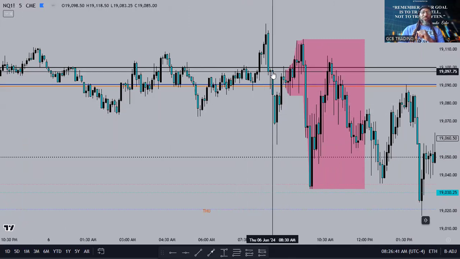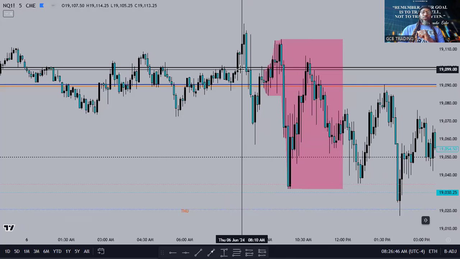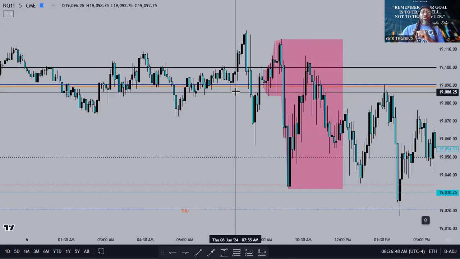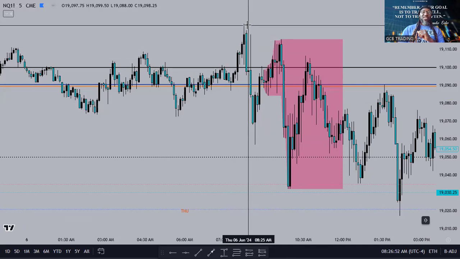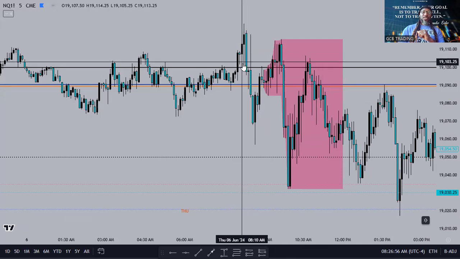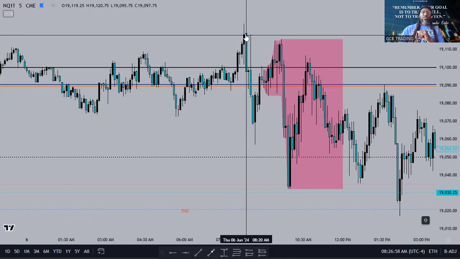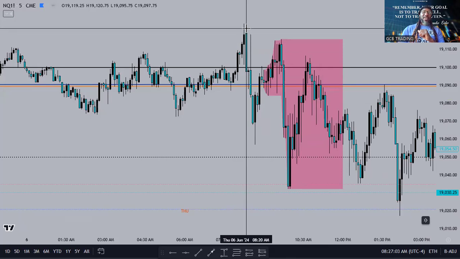So we had the major red news out at 8:30, and you can see, if you pay attention, where we're at inside of the 100 pip box. We can clearly see that price broke 25 points outside of the 100 pip box. Here's our double zero, and you go up 25 points, so we'll be at 19,125.